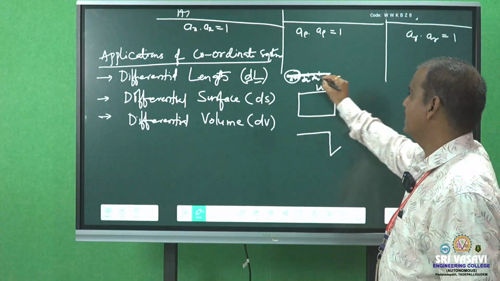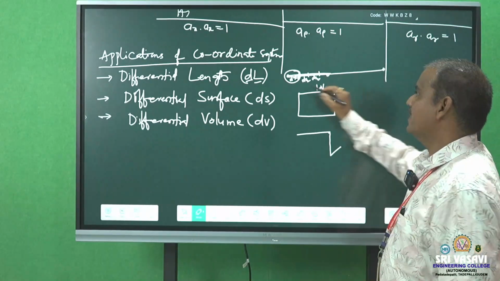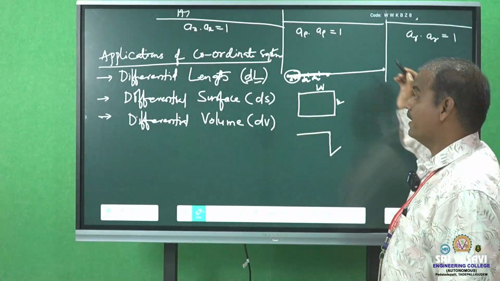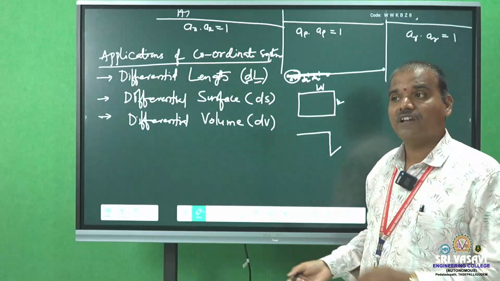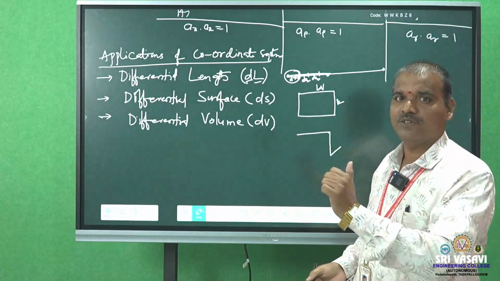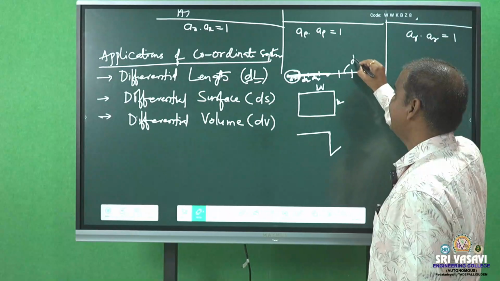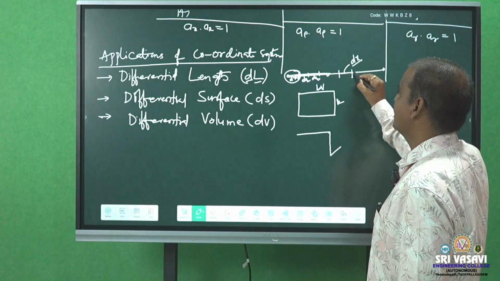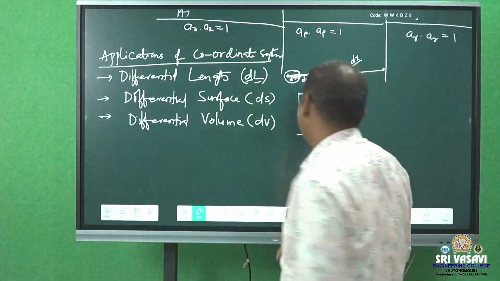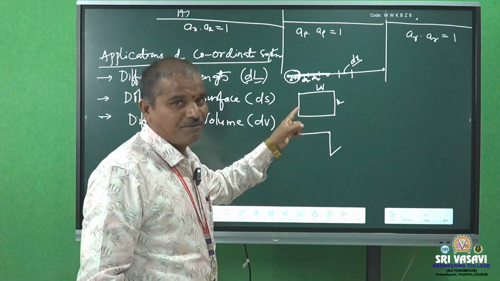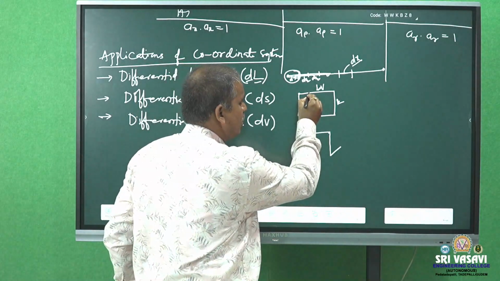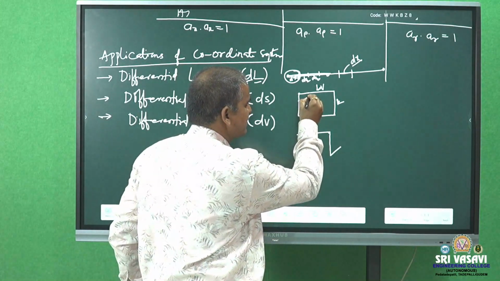Let us take one length of a line. The length of the line is from 0 to infinity or minus infinity to plus infinity. We are unable to identify an infinite value. Therefore, we may consider a small portion. This is called dx. That is called differential length. In similar way, this is the total surface. We have to find out the small area. This is called differential surface.